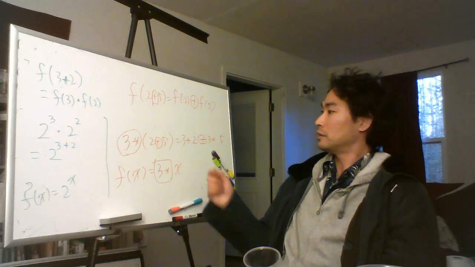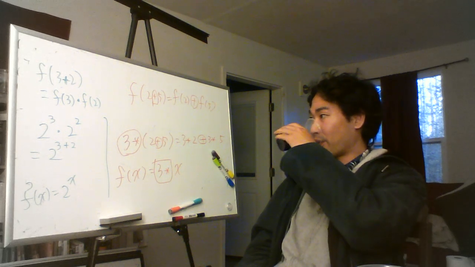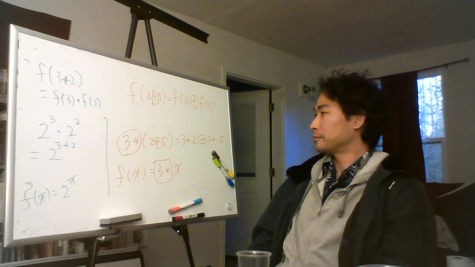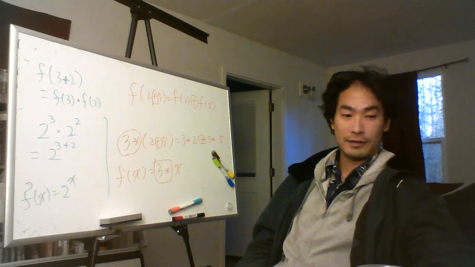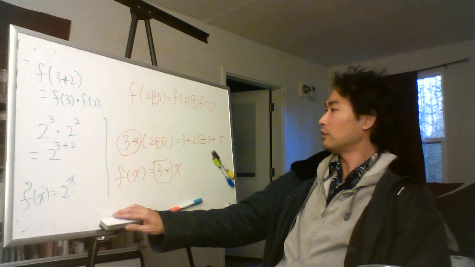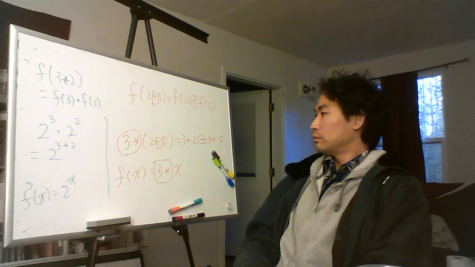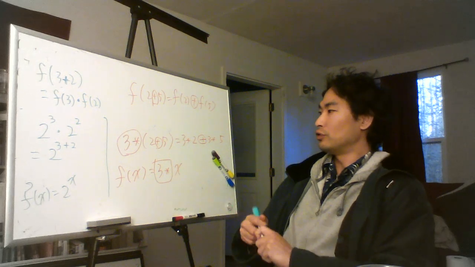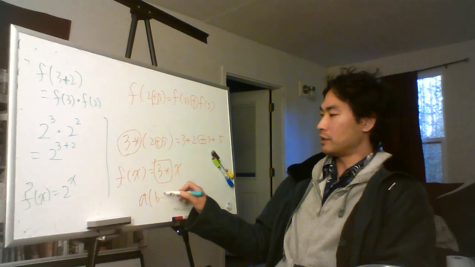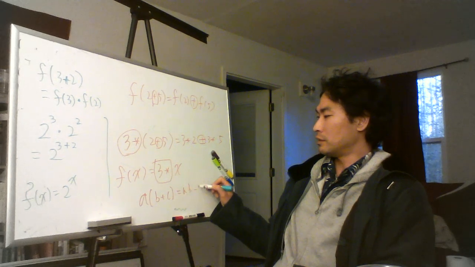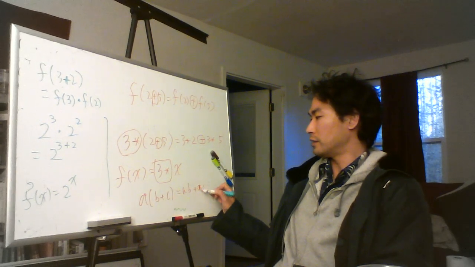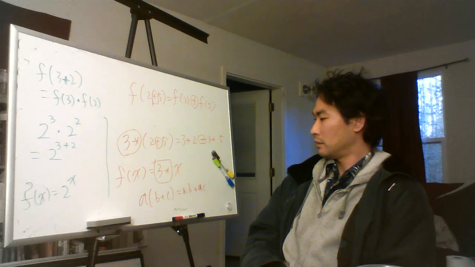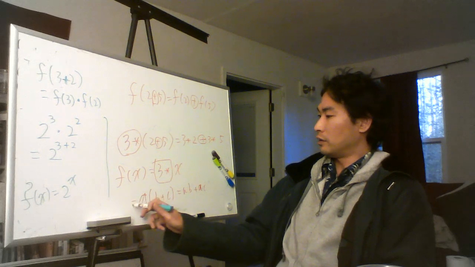So how do we prove this? In general, how do we prove that a times (b plus c) is the same as ab plus ac? How do we prove this? Proof by contradiction, maybe? Well, let's think about this.